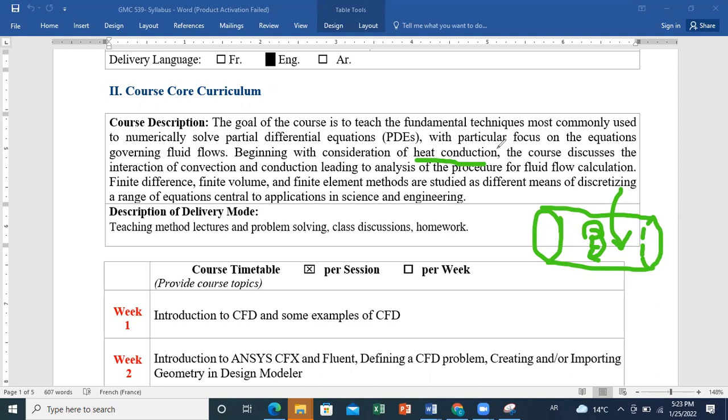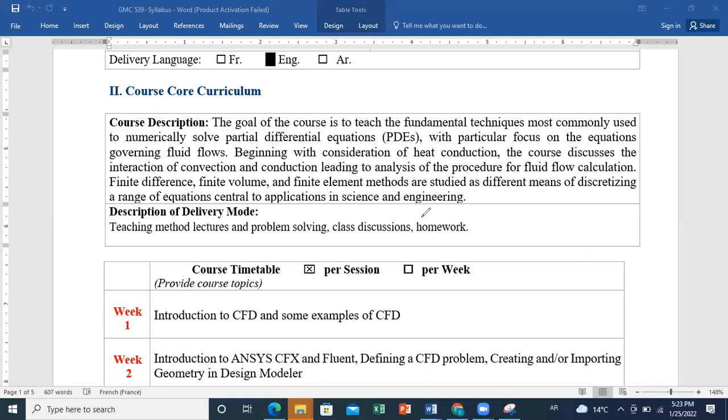We will introduce several methods of numerical solution. You have the finite difference technique, the finite volume technique, and the finite element methods that will be studied as different means of discretizing a range of equations that are required to solve problems in the engineering field.